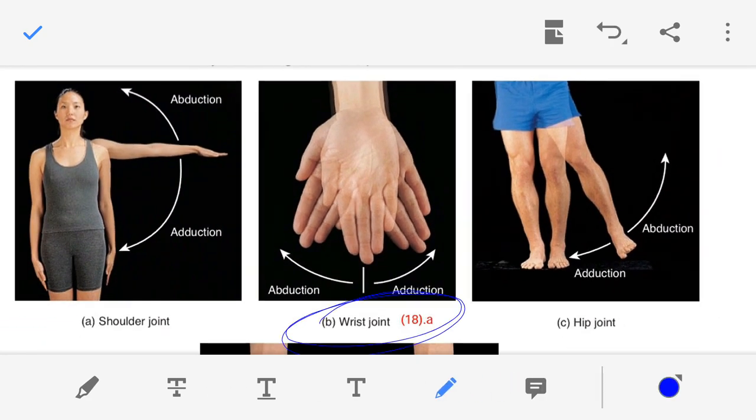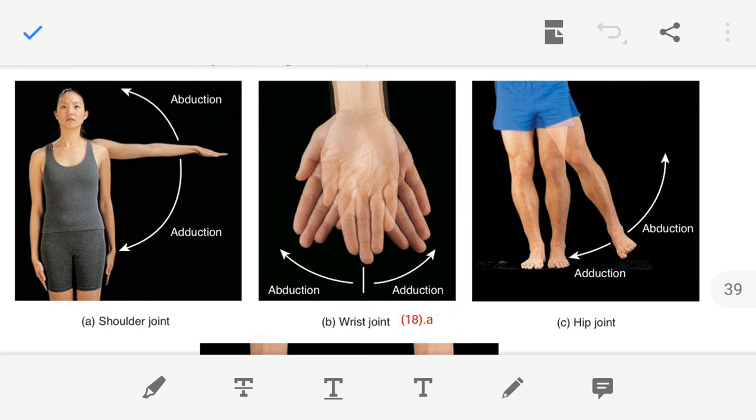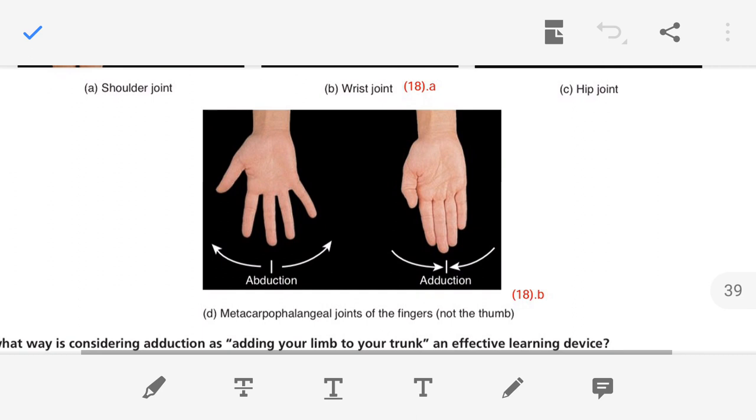In the wrist joint, once again the palm and the fingers are shown, and we can move left and right. So abduction and adduction are possible.